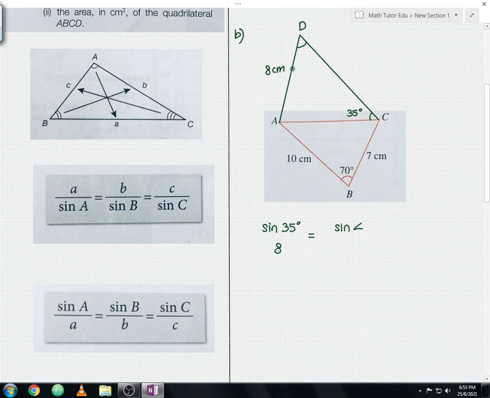In this case, this angle is the one we are going to find now, which is angle ADC. And you divide with the straight line AC, which we already found in the question part A, which is 10.06. So let me underline the fraction.